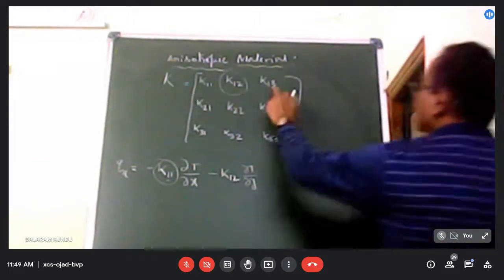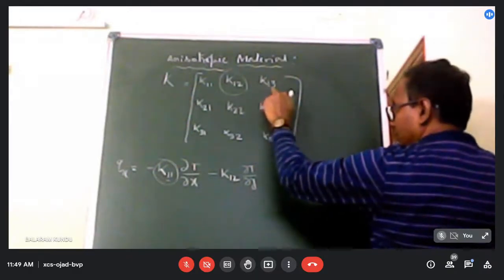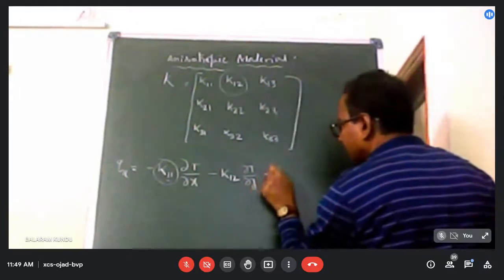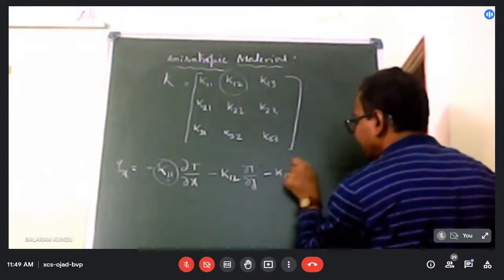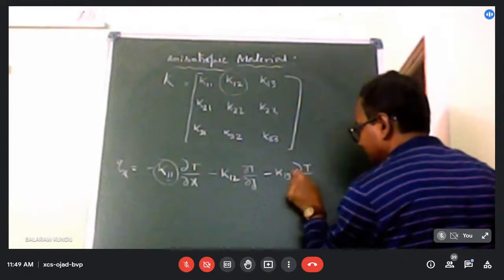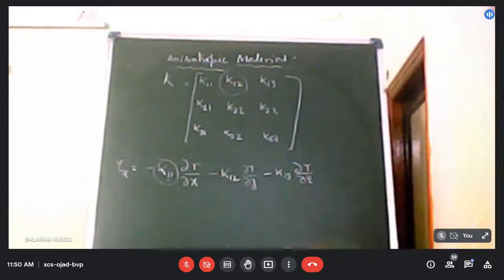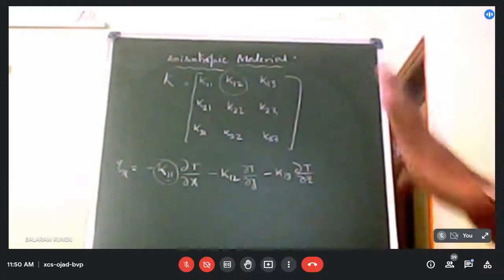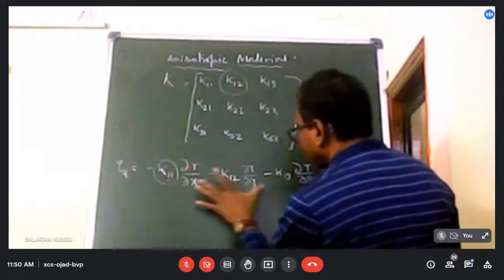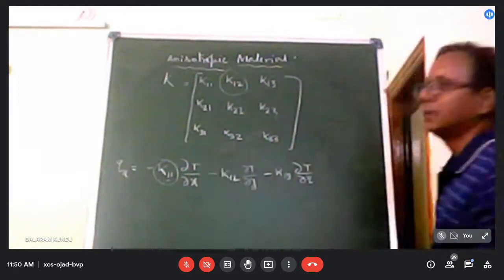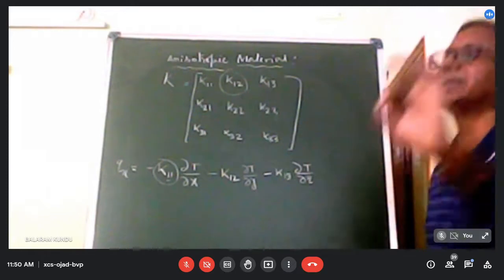Another component is also there, K13. So we have to include this component here, minus K13 into the temperature gradient in the z direction, so 3 means here z. It is very clear that three components are there for conducting heat in the x direction.